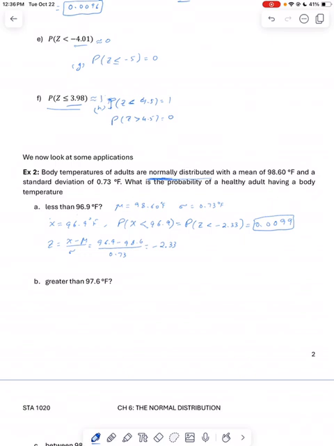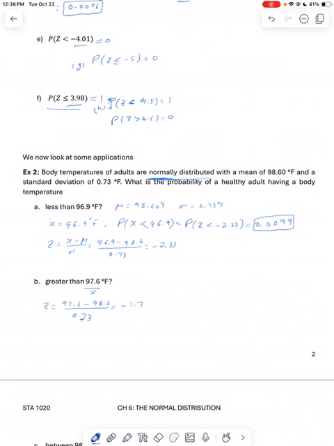In all of these problems, this is what you have to do. So here the x is this. I find the z-score for that. That will be 97.6 minus 98.6 divided by 0.73, which gives me negative 1.7.